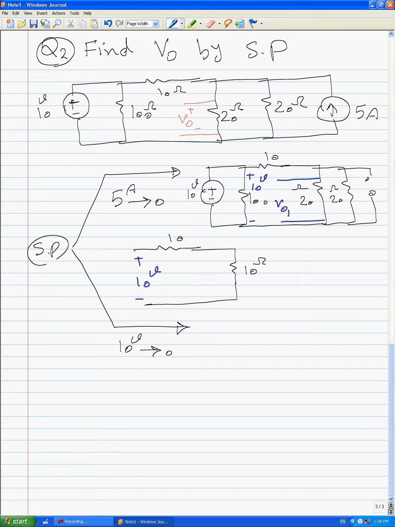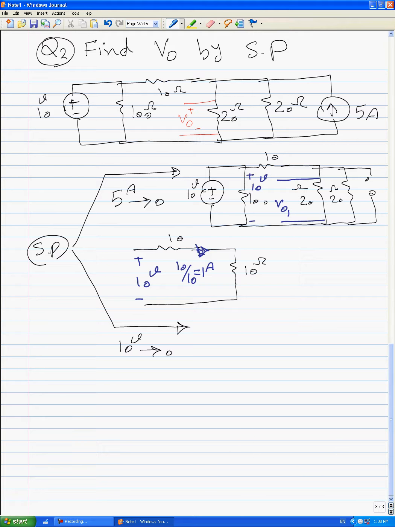That's why 10 volts is applied across the 100 ohms. Immediately by using Ohm's law, you can find out this current. This current is equal to 10 over 10, which is 1 amp.